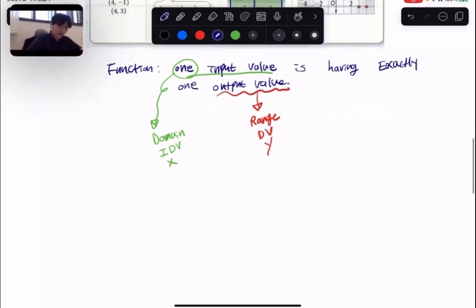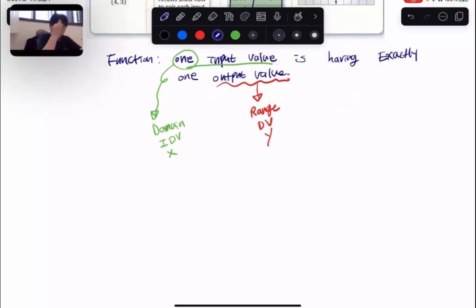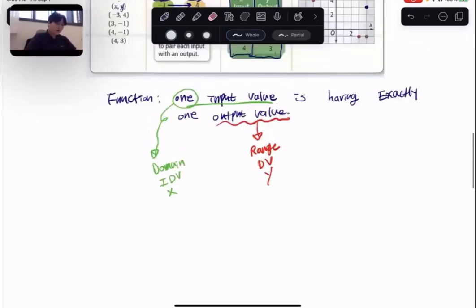So then let's go into an example of a function. I'm going to use a mapping diagram.